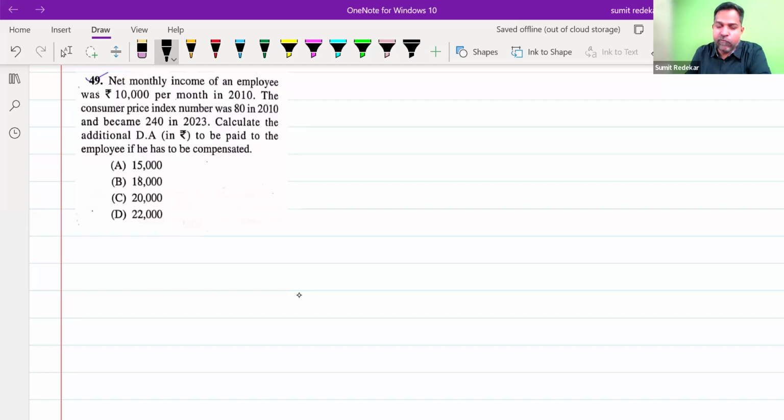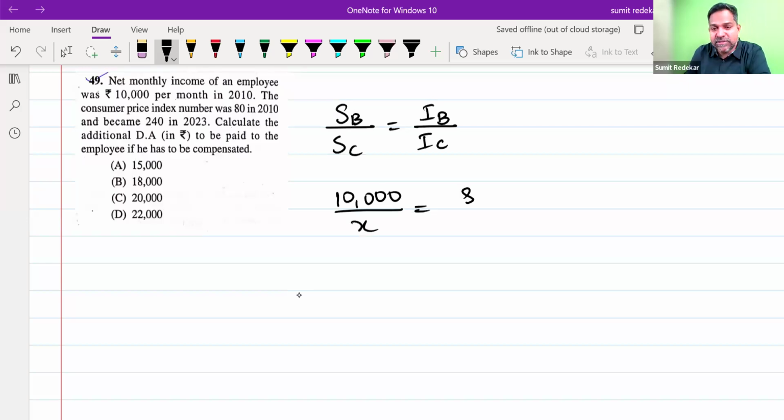We can say salary. The salary in the base year and the salary in the current year should follow the same ratio as the index in the base and the index in the current. The salary in the base year was 10,000. I don't know what the salary in the current is. Let's call it X. The index in the base was 80. The index in the current is 240.